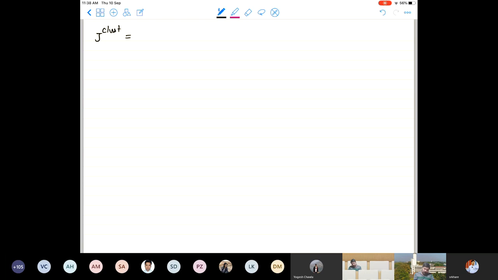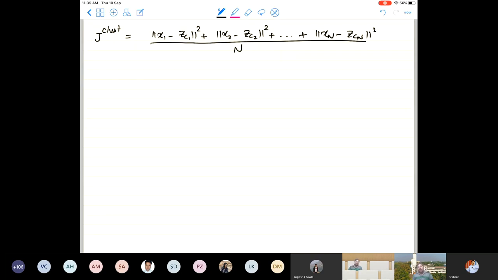So J clust is norm of x1 minus ZC1 whole square plus x2 minus ZC2 whole square plus and so forth plus xn minus ZCn whole square, divided by n. So this is nothing but the mean square distances of vectors or data points from their cluster representatives.